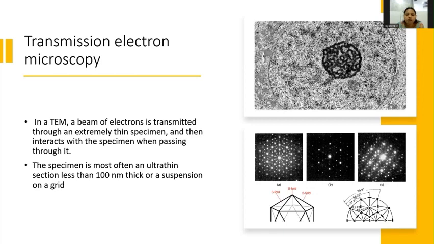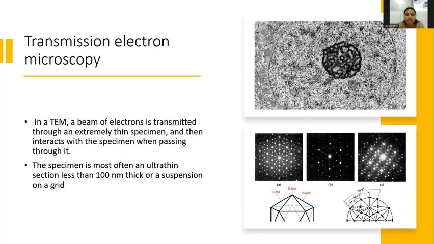Okay, so you have to understand that electrons are getting transmitted through the sample. So when the electrons are getting transmitted through the sample, if the sample is going to be thick, like more than some 10 microns, will it allow the electron to pass through the sample? No, it won't allow the electron to pass through the sample. So the electrons will just stay on the surface and you will get just an opaque image on the screen.